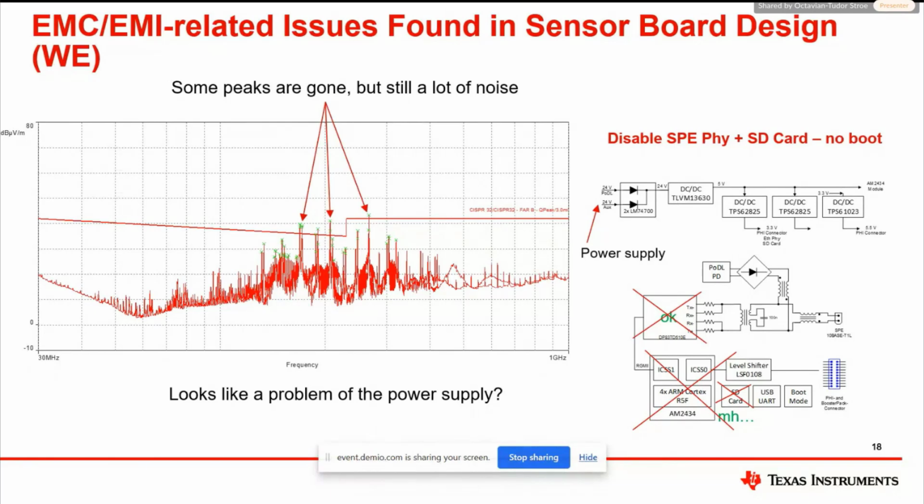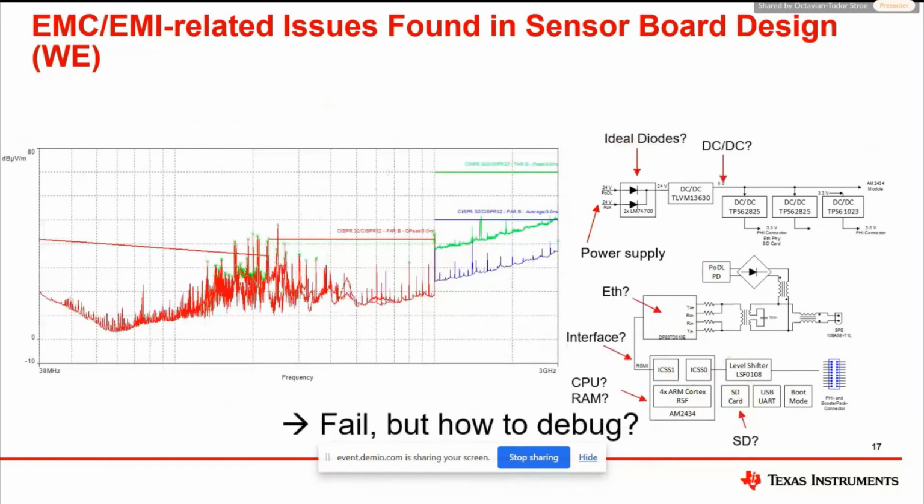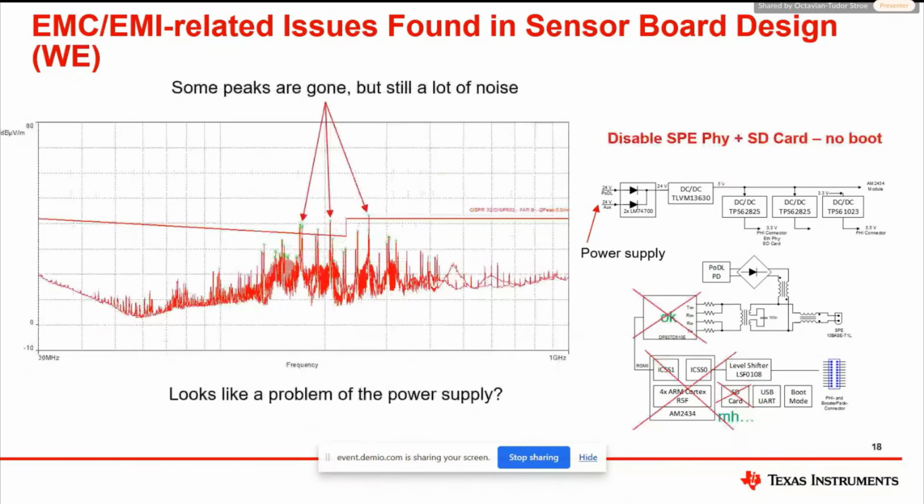We can see, compared to the previous slide, that some peaks are gone, but we still have a lot of the peaks above the limits, and we have quite a lot of broadband noise. Because we disabled the communication, this is the whole power supply chain. So we have all the way from the input, all of the little DC to DC converters.